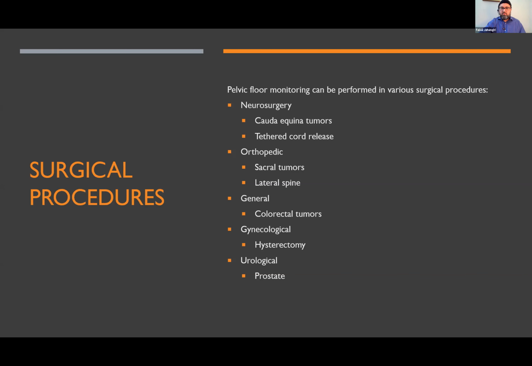So any orthopedic surgical procedure, such as sacral tumors, where the sympathetic and parasympathetic plexus are at risk, and also lateral spine procedures where the pudendal nerves and lateral nerves are at risk. General surgeries and colorectal, especially colorectal tumor resections, gynecological procedures including hysterectomy, and urological procedures such as prostate surgery and prostate resections.